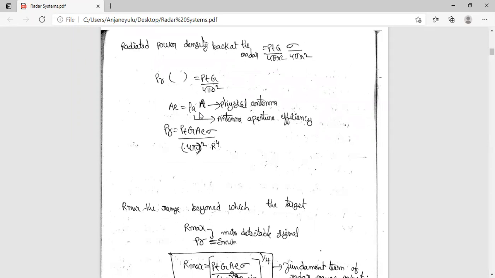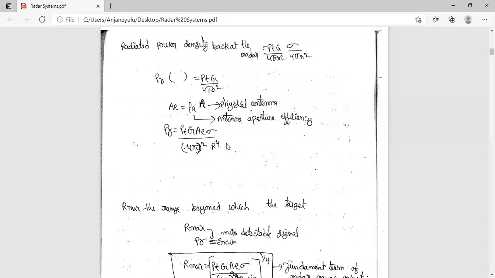So if you consider A_e as the effective area of the transmitter or receiver, then the total power received at the receiving antenna is P_R equals P_T into G into A into sigma by 4 pi R squared, that means 16 pi squared R to the power 4.